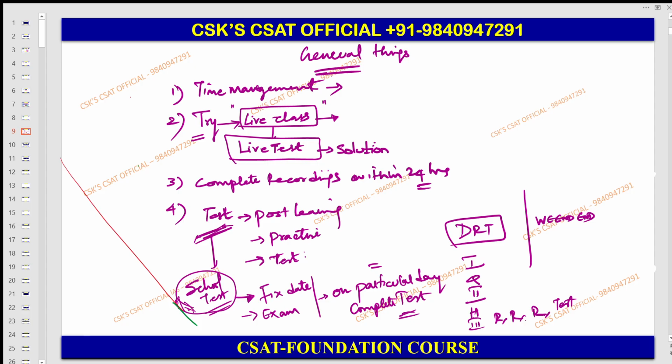If you want to take a test, you take a test. If you want to get your paper evaluated, on that particular day you submit the paper, or else we will submit the key after 2 days or the next day itself. You yourself start evaluating. Whether you take the test or not is purely dependent on you.